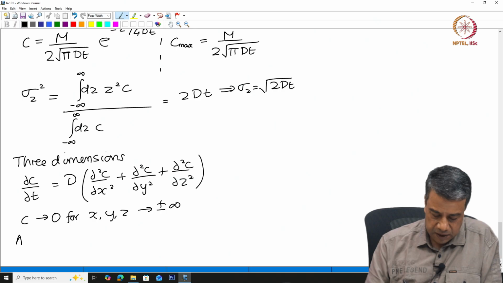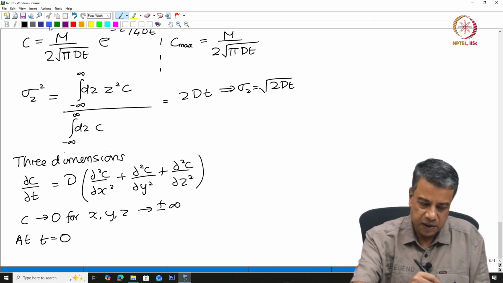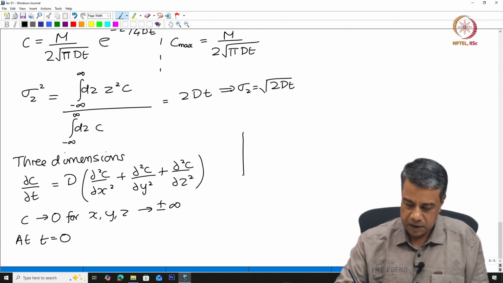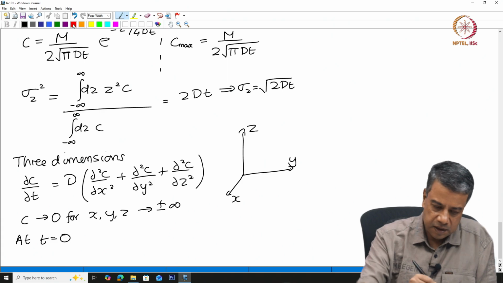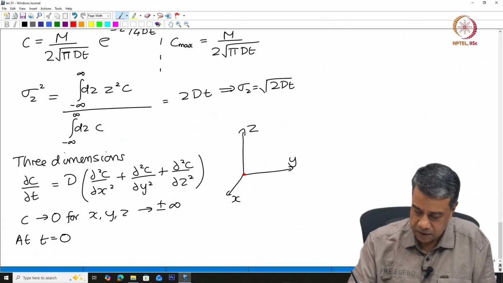And at initial time, in 3 dimensions, I inject a finite amount of mass at the origin.